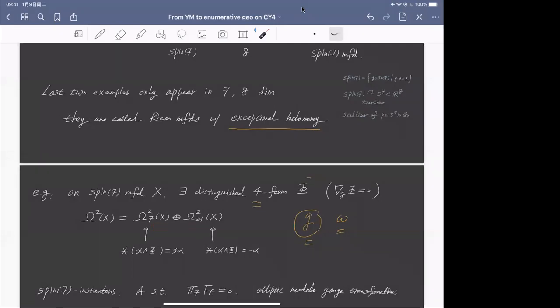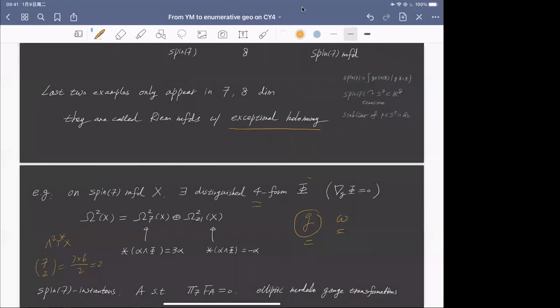This gives the definition of these different spaces of 2-forms. The subindices 7 and 21 denote the rank of these subspaces. Take the space of 2-forms, the wedge 2 of the cotangent bundle of X. Because X is 7-dimensional, this space has dimension 7 times 6 over 2, so this is 20.